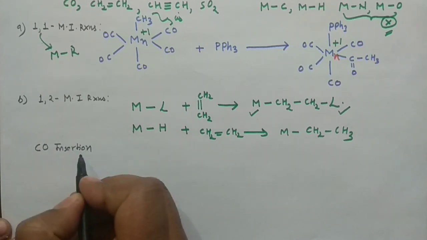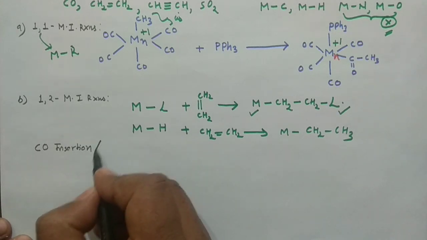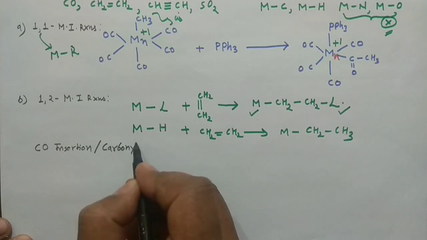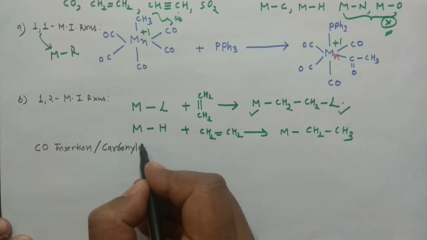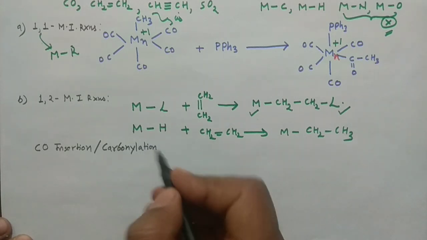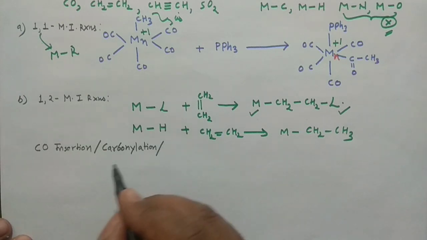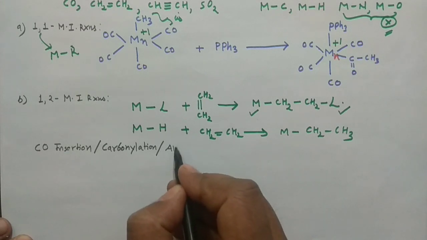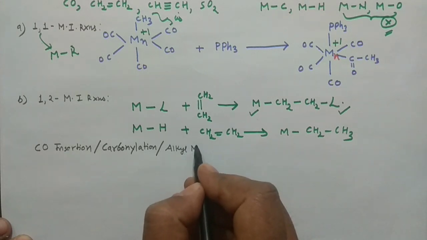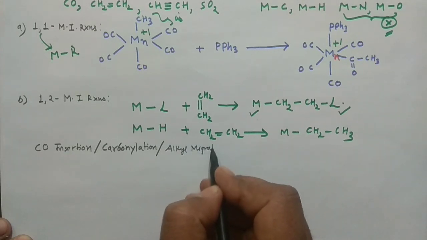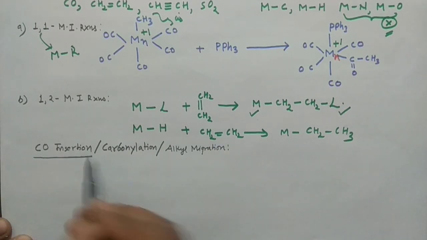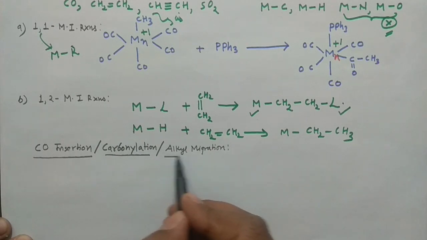Okay, you may call this reaction carbonyl insertion, and another name for this is carbonylation. Okay, and you know this carbonylation or CO insertion is basically what? It proceeds through alkyl migration.